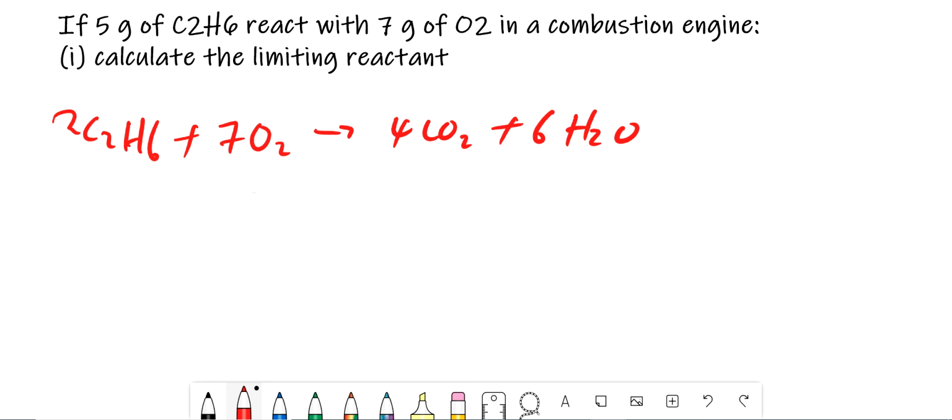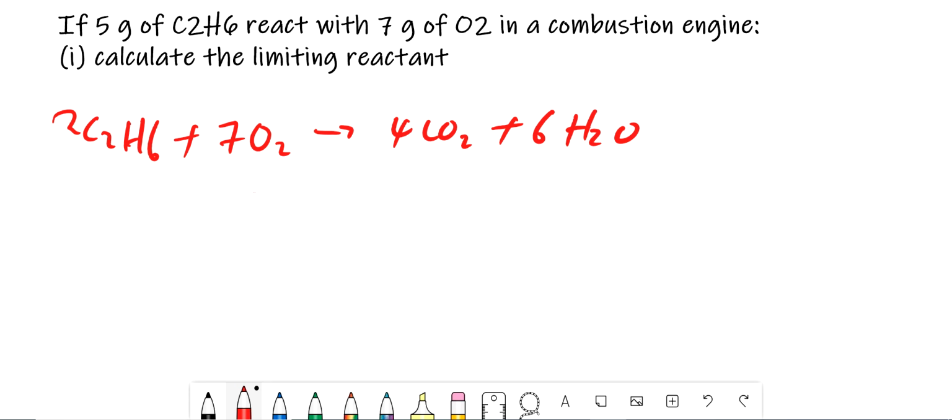I'm going to calculate only for carbon dioxide, and you will do the calculations for water. But in each case, even if we consider carbon dioxide or water as the product, the limiting reactant will always be the same. I'm going to give you an example with CO2. Okay, so let's start.